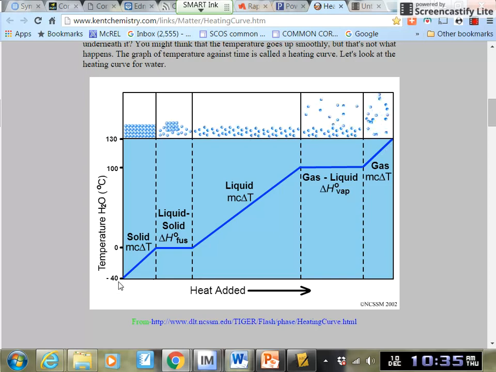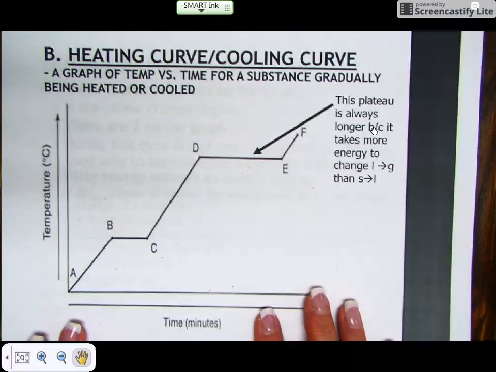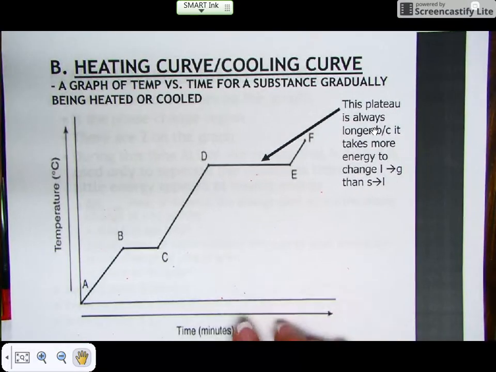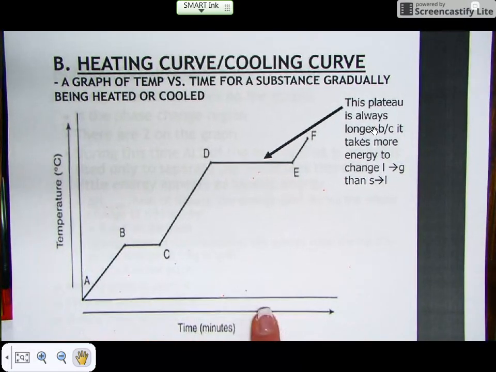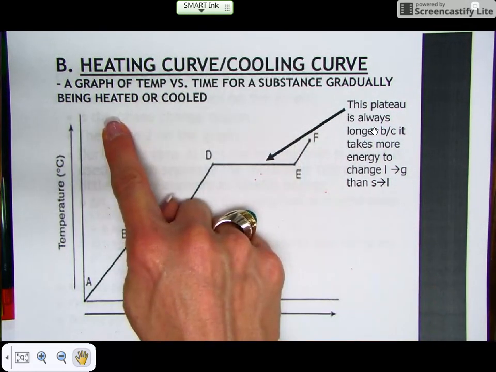So let me explain to you, looking at our notes, the parts of the heating curve and how it's defined. Heating curves are graphs of temperature versus time of a substance being gradually heated or cooled.